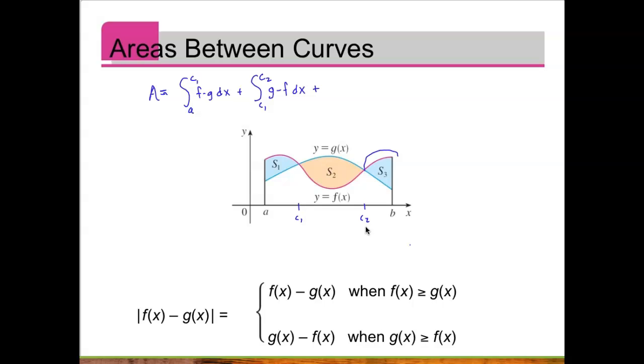So I want to find this region. So my limits are on the x-axis. From what to what? Somebody help? Yes, C2 to B. And what's my integrand? So f is on top again, minus g dx, right?